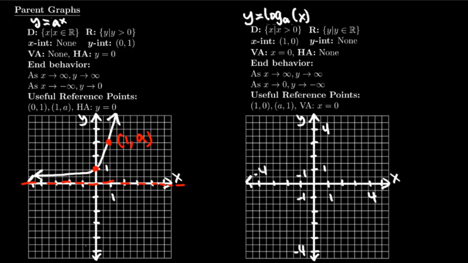Let's look at the log graph. And what you'll get is something very similar, which would make sense because they're inverses. So at 1 comma 0, you're going to have a point, and then at whatever a is, let's just say this is a comma 1.